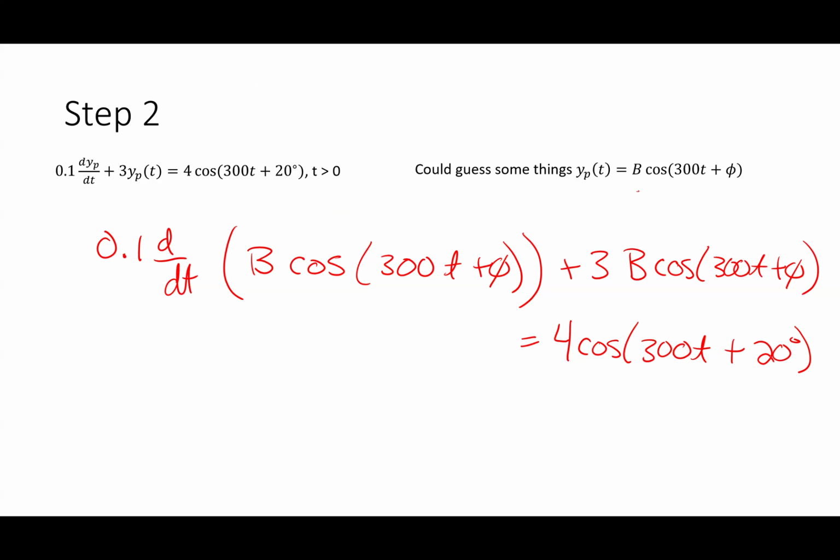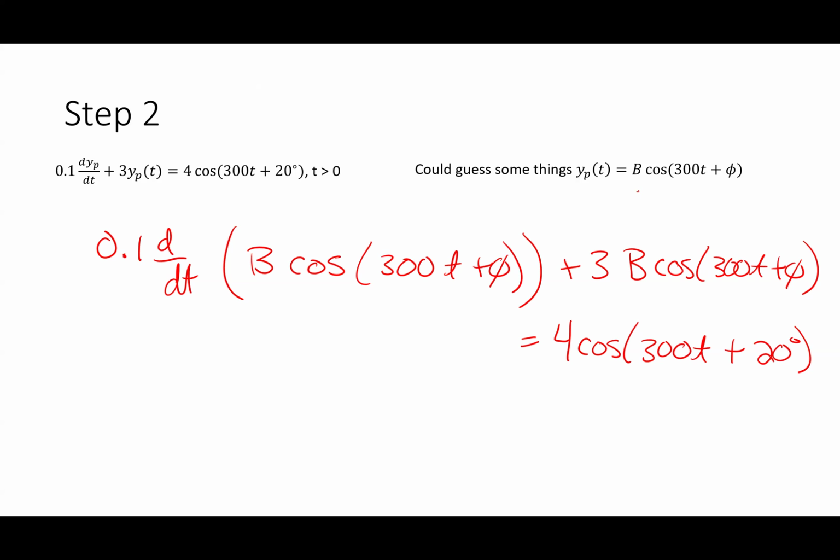I can turn it into 2 by basically saying, when I look at this, I can get 1 equation that tells me the b, and I can get 1 equation that tells me the phi. And how would I expand this whole thing out? It would be ugly, right? I would have to use trig identities. I'd use a derivative. What's the derivative of cosine 300t plus phi?